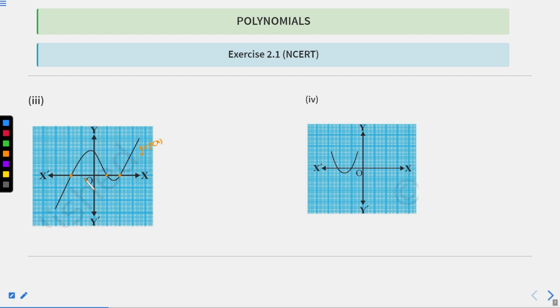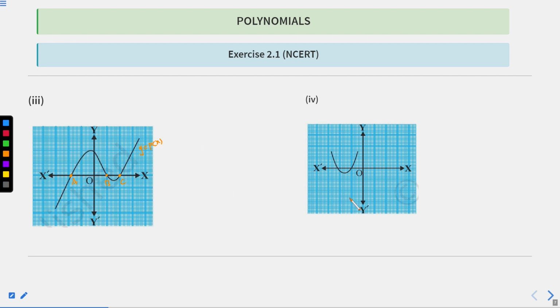Here we name this point A, this is B, and this is C. So the zeros of this polynomial p of x are basically the x coordinates of the points A, B, and C. So the number of zeros of p of x is 3.